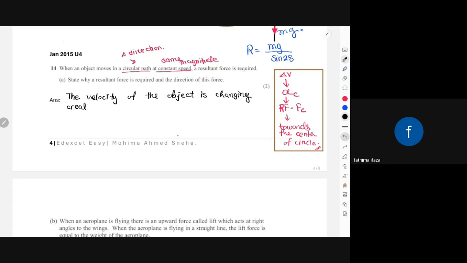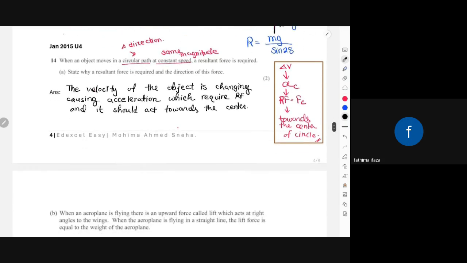Not exactly creating, causing acceleration is a better word. This is it for your first part.